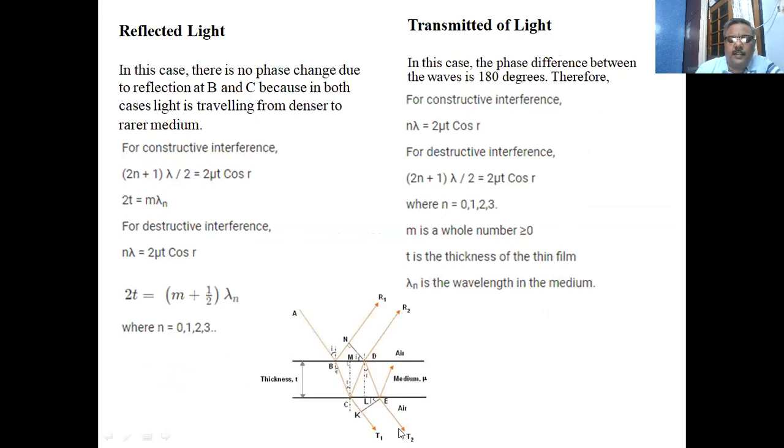When we consider interference between the transmitted lights, the path difference will be the same between the two transmitted lights, but the condition will be opposite. For constructive interference, it should be an even multiple of lambda by 2, and for destructive interference, it should be an odd multiple of lambda by 2.